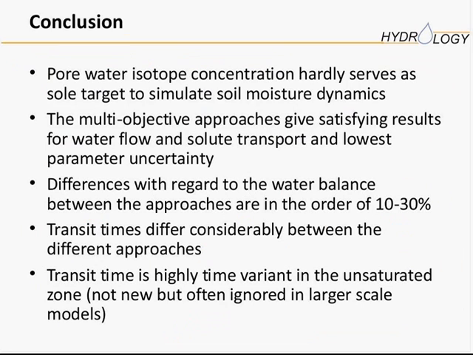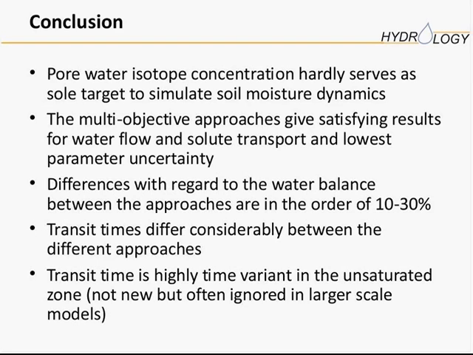Good. So to conclude this part, we think that the pore water isotope concentration hardly serves as a sole target to simulate soil moisture dynamics or transport processes in the soil. But we think a combination, and especially a multi-objective approach, gives us satisfying results for simulating water flow and solute transport and provides us the lowest parameter uncertainty.